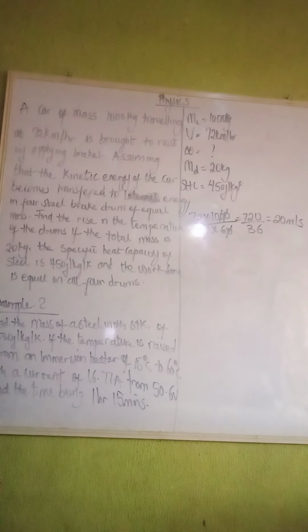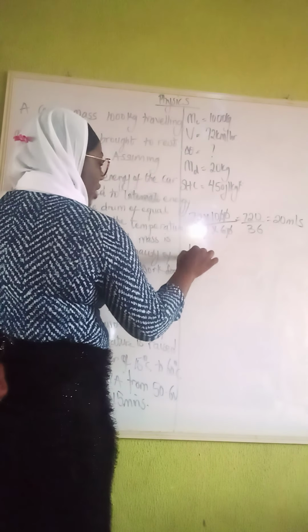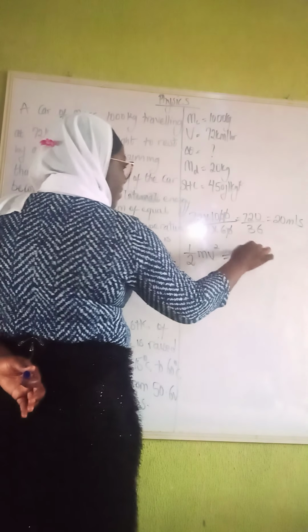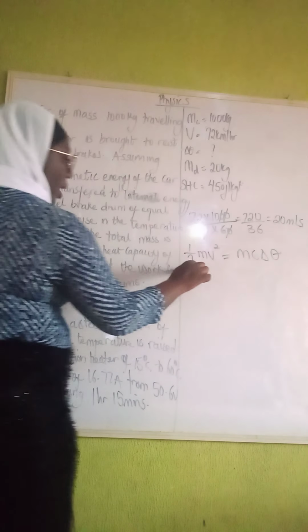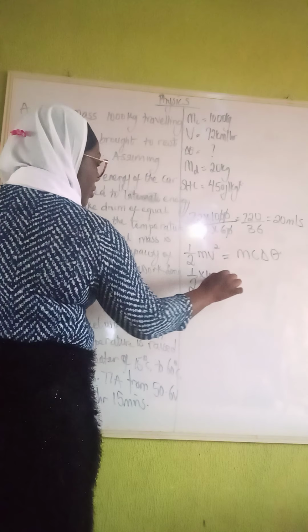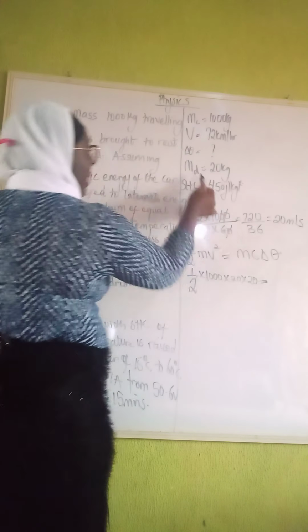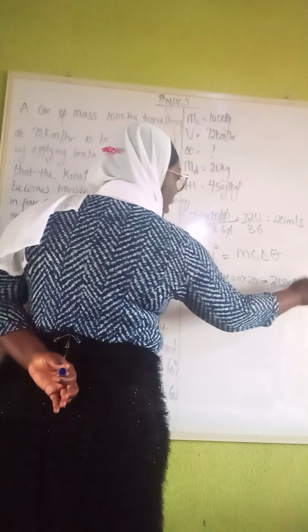So the formula for kinetic energy, half mv squared, equals mc change in theta. Half, what is the mass of the car? 1,000, velocity 20 times 20, equals, what is the mass of the drum? 20. Specific heat capacity 450, and we are looking for our change in temperature.